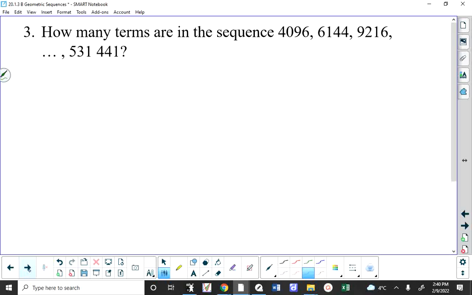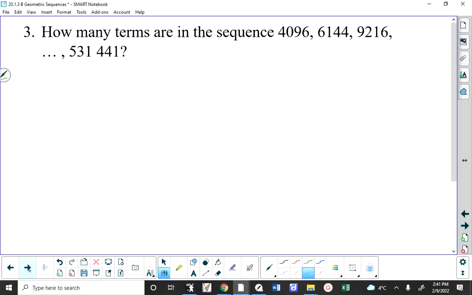The common ratio is 1.5, so you've taken, correct me if I'm wrong, 9216 divided by 6144, and you get 1.5? Well, I didn't actually. You saw it was 1.5. Yeah. Wow. Anybody else just kind of see it? That's pretty rare.